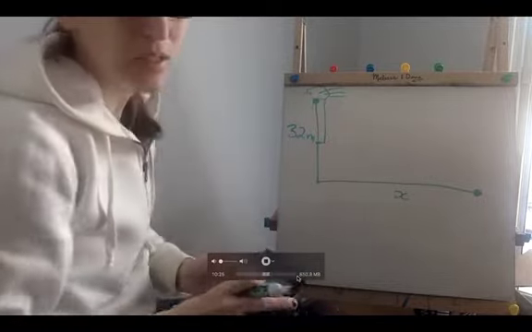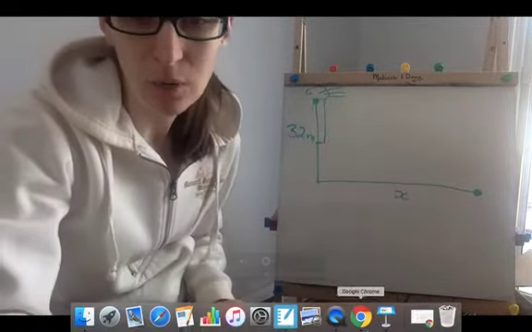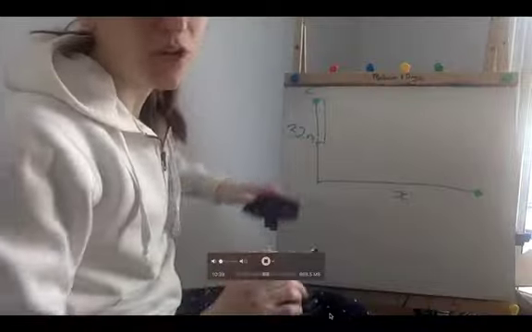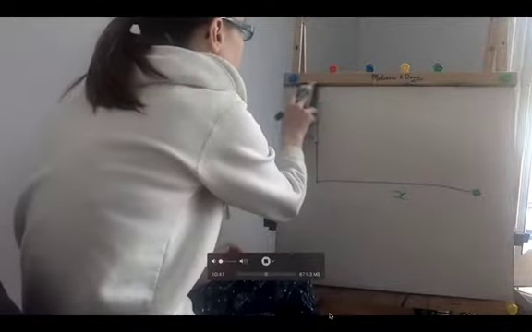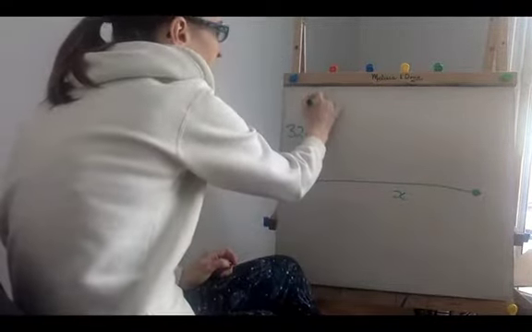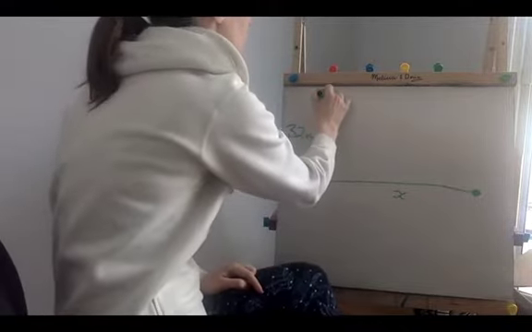Now it says in the question as well that she estimates that when she looks down at the cove, it's with an angle of depression of 5 degrees. When we talk about angle of depression, it's from the horizontal looking down. So if this is where Emily is, and she's looking straight, this is the horizontal line.